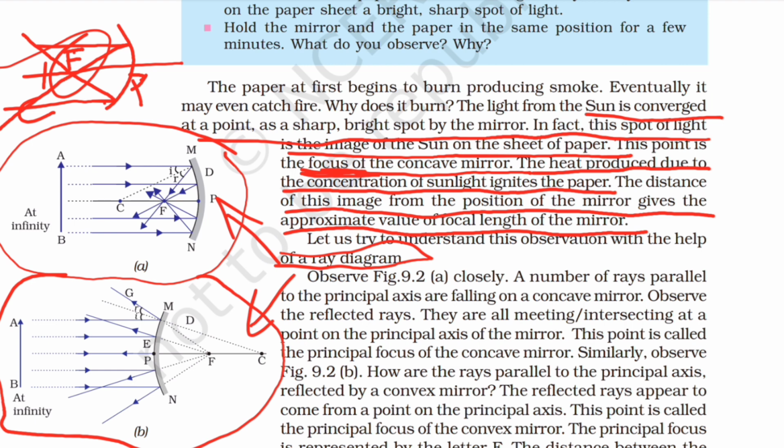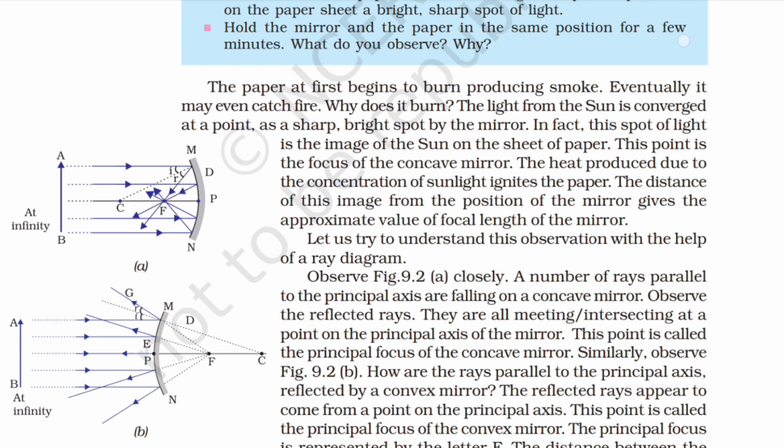Observe figure 9.2 closely. A number of rays parallel to the principal axis fall on the concave mirror. See here, so many radiations are coming. These are all the radiations falling on the concave mirror. What happens next? Observe the reflected rays.